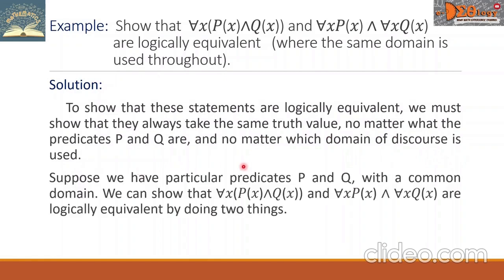Suppose we have particular predicates P and Q with a common domain. We can show that for all x, the conjunction P of x and Q of x, and for all x, P of x, and for all x, Q of x are logically equivalent by doing two things.